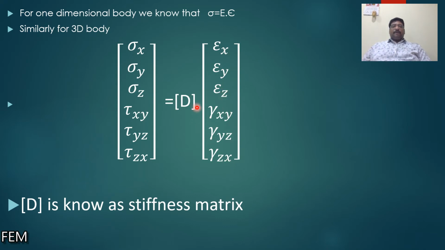The relationship matrix which defines the stresses and strains is known as the stiffness matrix, which is represented by the symbol D. Now we are going to try to derive the D matrix. So we will continue in the next.